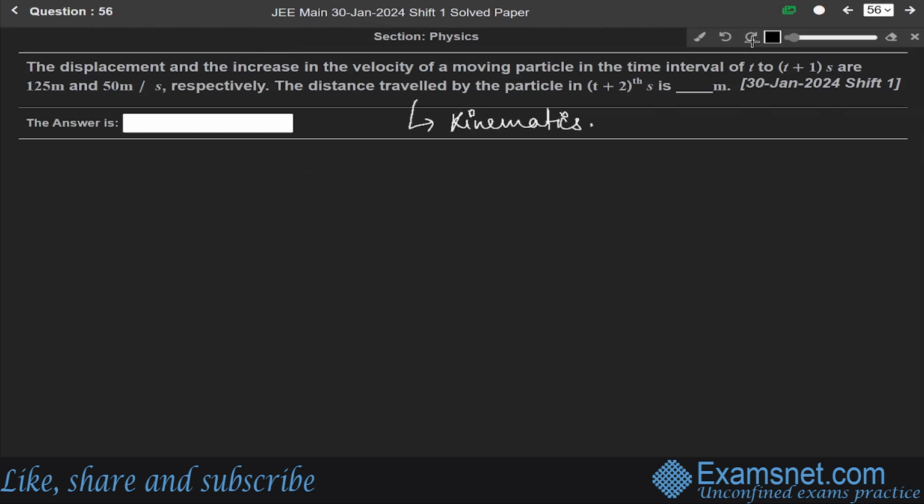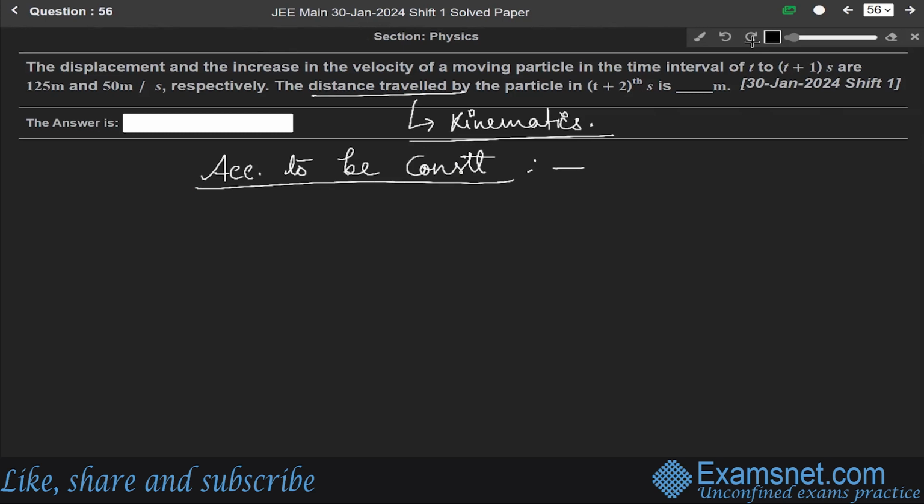According to this, we have to find the distance traveled. Considering acceleration to be constant, from the laws of motion we know that v is equal to u plus at.